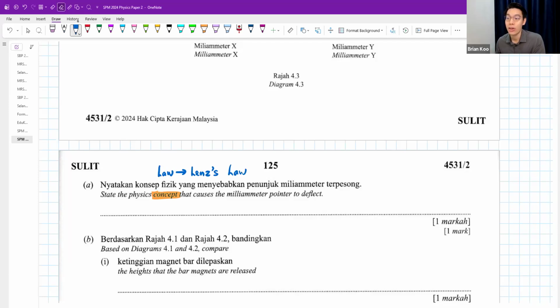Why? Because this is a solenoid. Solenoid is always Lenz's law. However, because they say concept, then I have to say electromagnetic induction. Because why? This is inducing a current, okay, inducing a current to produce a magnetic field, right? You're creating a current.